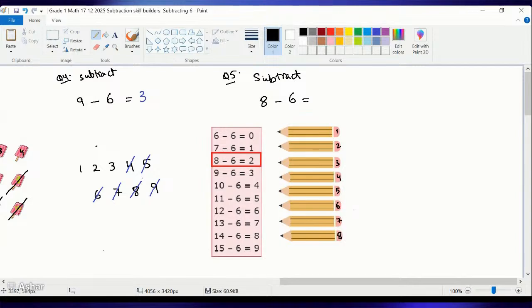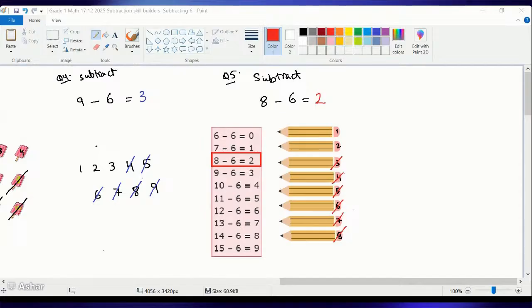From these 8 pencils, if we remove 6 of the pencils, we always remove from the biggest number: 8, 7, 6, 5, 4, and 3. So how many pencils are left? We are left with 2 pencils, right? Do we agree on this? Any questions?